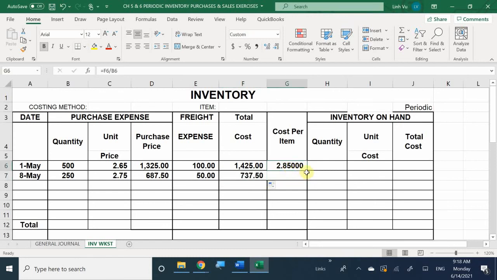And last but not least, what is my cost per item going to be? $2.75, right? No? Remember, that's how much it cost me to purchase, but I have to include freight. Oh, okay. I got the 2.95. $2.95.